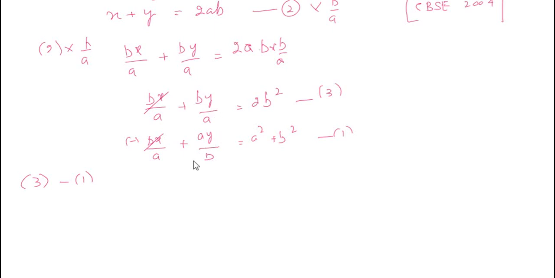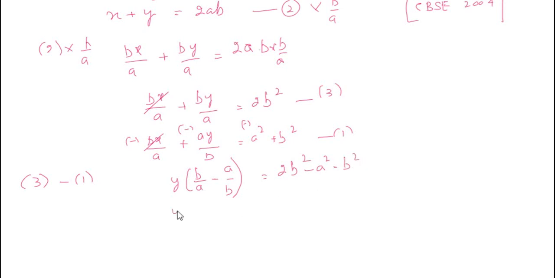Now here you take y out. So this becomes minus. So b by a minus a by b equal to 2b square minus this entire thing becomes minus, so minus a square minus b square.